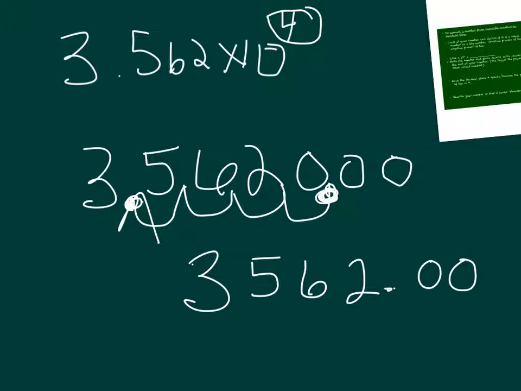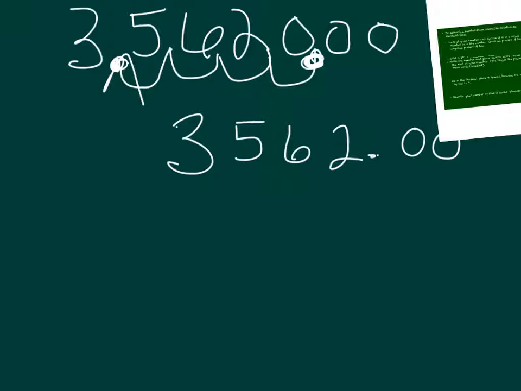We're not going to worry about that. So our 3.562 times 10 to the 4th is really 3,562. That is our standard form, and that is how we can write that in standard notation. If you like to place your commas in there, again, to help us understand that value, you can do that.